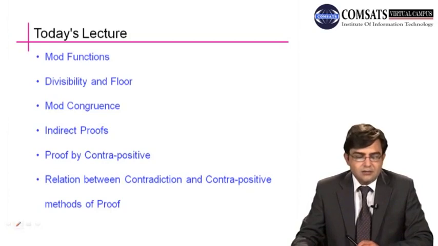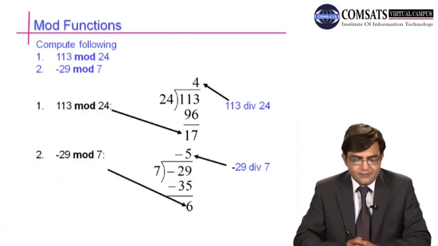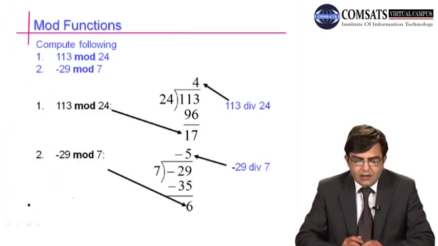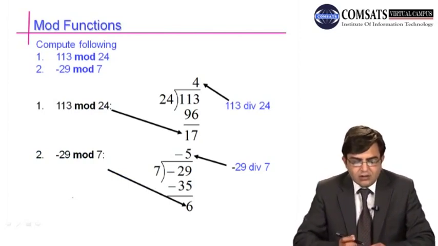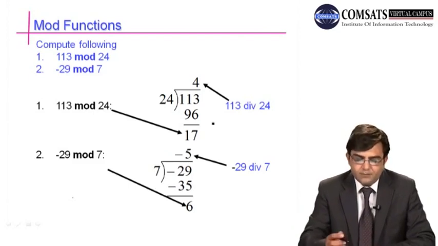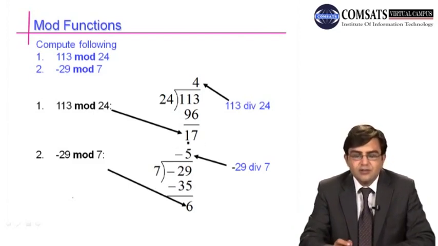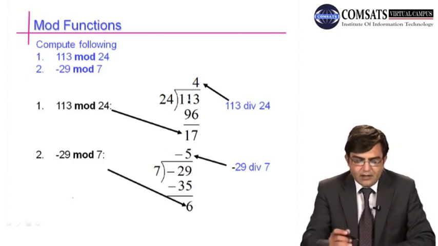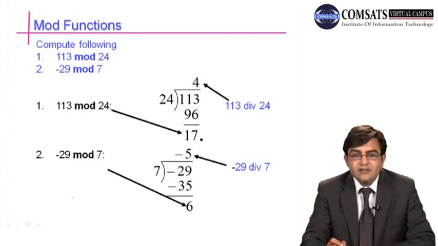So let's start. What is the mod function? 113 mod 24. What does it mean? If we divide 113 by 24, here you can see the usual division is given. 24 fours are 96 and we are left with 17. So what is 17 here? 17 is the remainder.